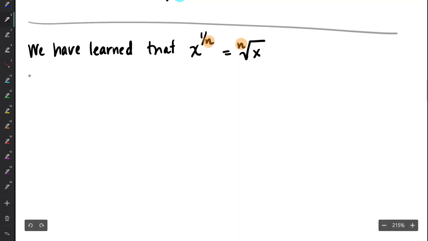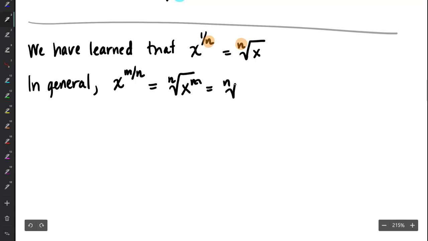In general, x to the m/n is notation for the nth root of x to the m, which you can also write as the nth root of x all to the m. And don't stress, we're going to do some examples. If you just remember the denominator is the root that you are taking, you are all set, right?